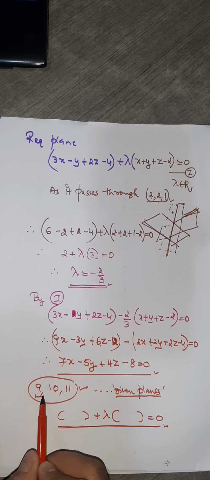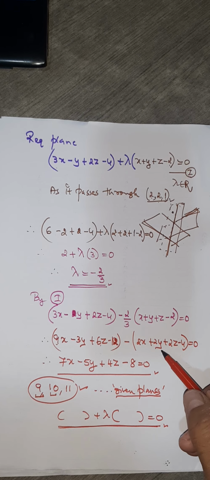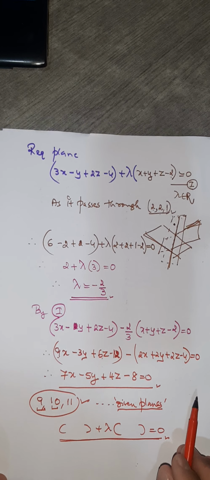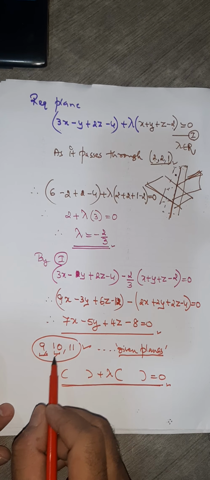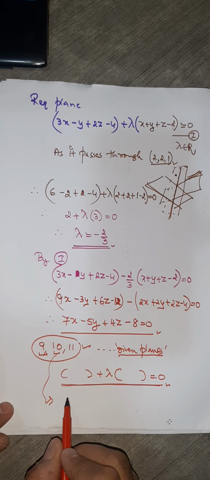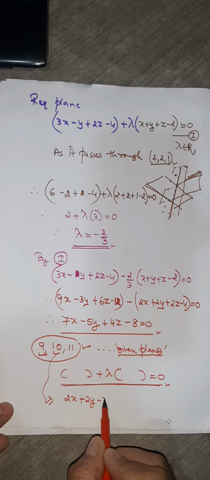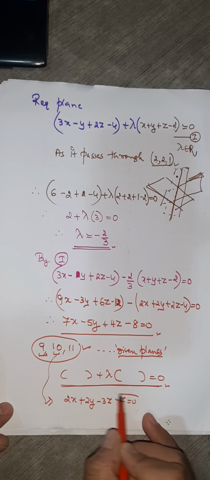So 9th I did, 10th is just the same question. You just copy this. Their equations are in vector form, so you can write them in Cartesian form. For example, what is the first one? That is 2x plus 2y minus 3z equals to 7. In the 10th question, the equation is 2x plus 2y minus 3z minus 7 equals to 0.